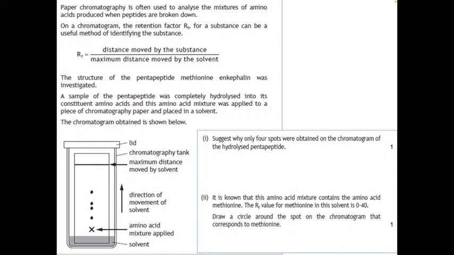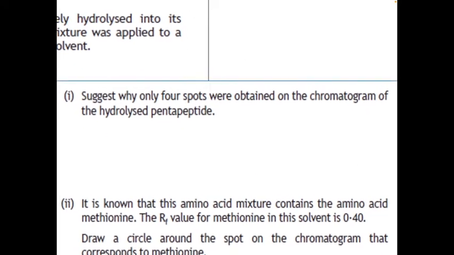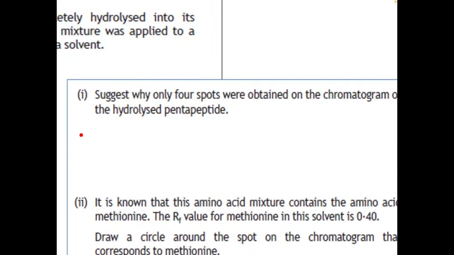Now, if I told you that had 5 amino acids in it, then you would maybe expect to see 5 spots on the chromatogram, each for the peptide. However, there's 2 answers that this could possibly be. Either 2 peptides had the same RF, so that means they travelled the same distance, and that can sometimes happen.